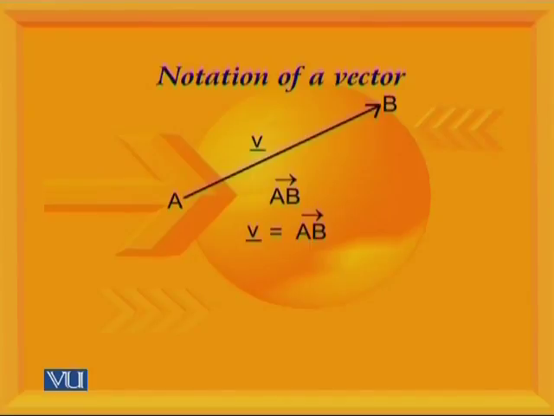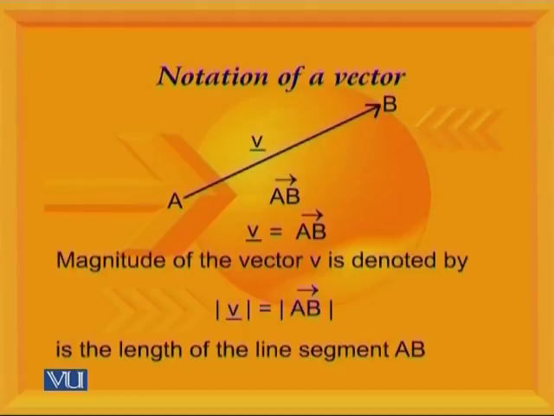This is also a notation of the vector AB. What is the magnitude? You know that there are these parallel lines in which this V is included. We say it modulus of V, or the length of V. So this is the notation for the magnitude of the vector.